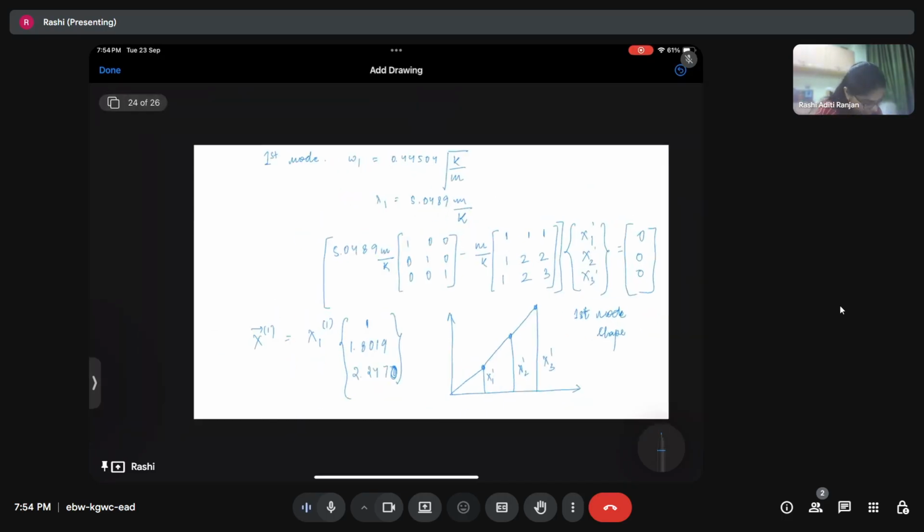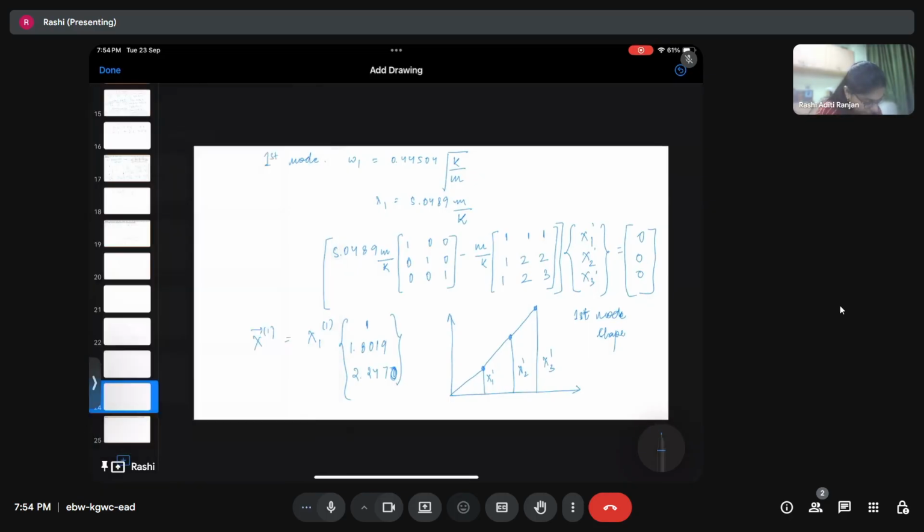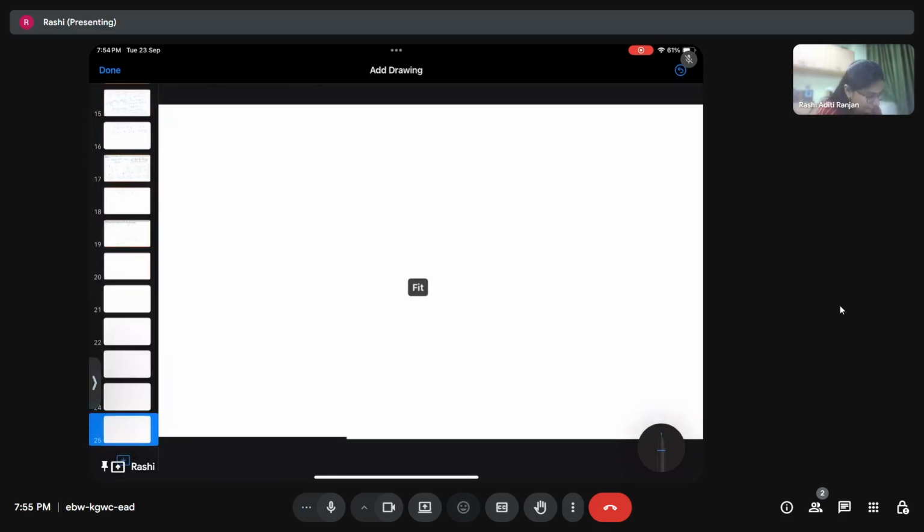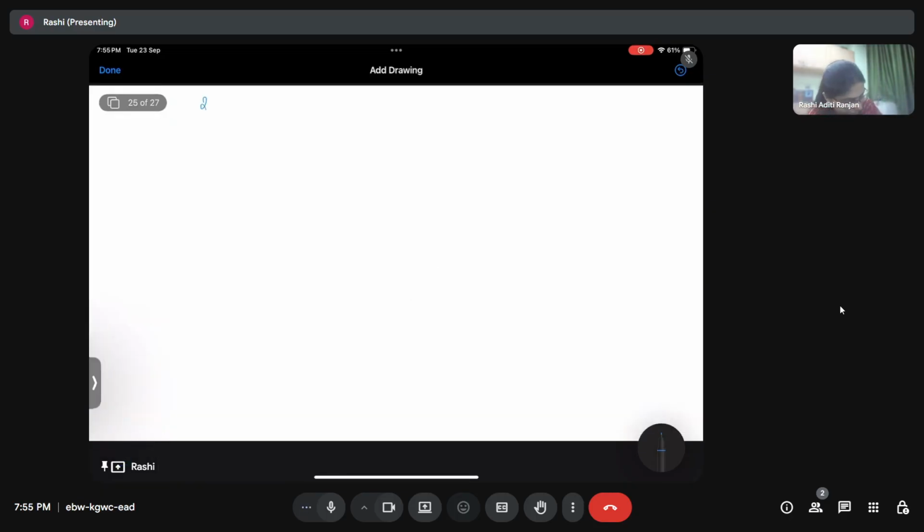For the second mode shape, we have omega 2, 1.2471 under root of k by m. Lambda 2 is 0.6430 m by k.